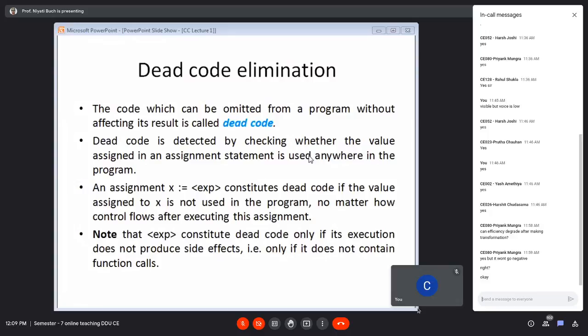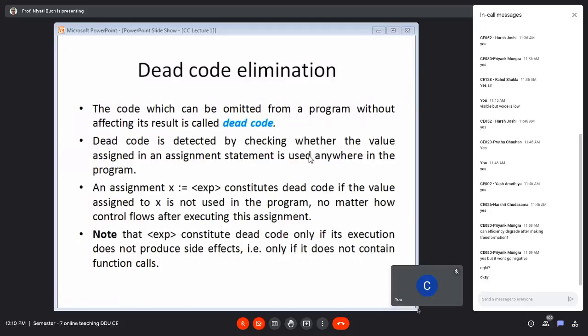It is not used anywhere. So an assignment expression assigned to x constitutes dead code if the value assigned to x is not used in the program, no matter how the control flow goes after the execution of this statement.